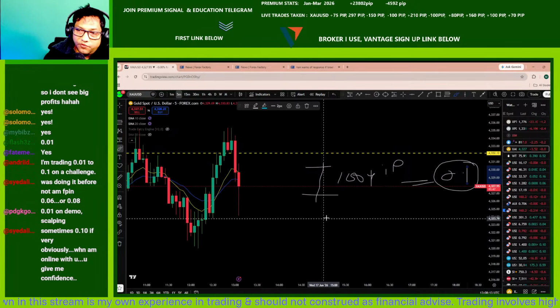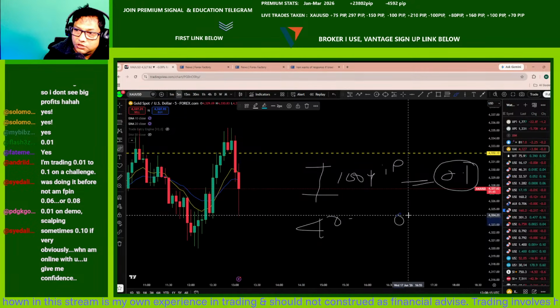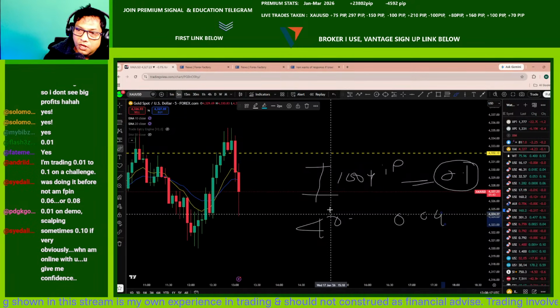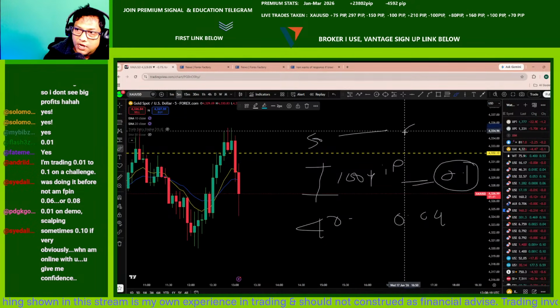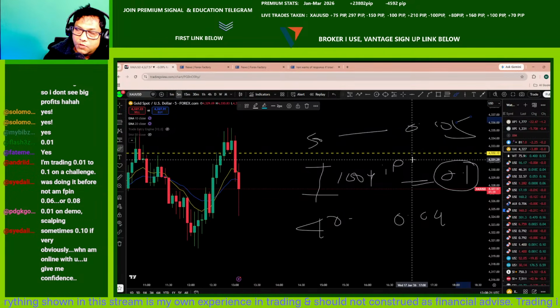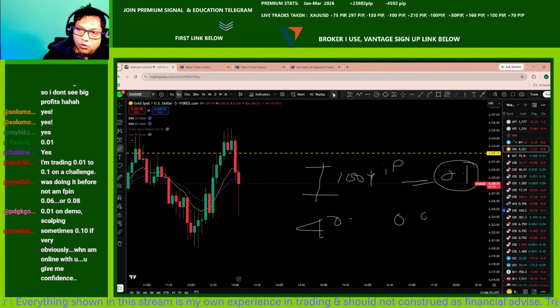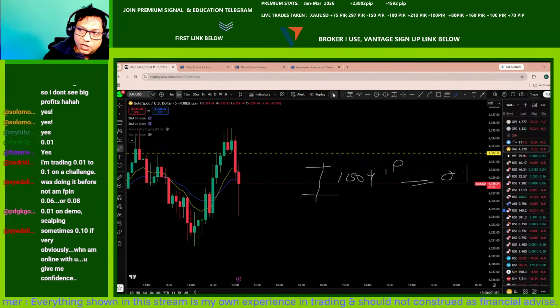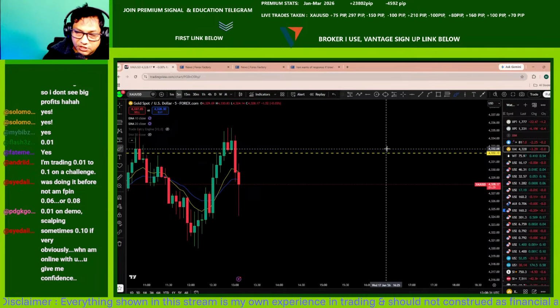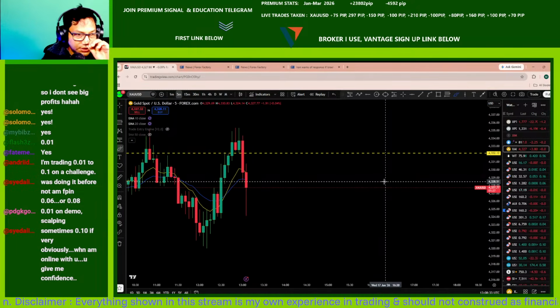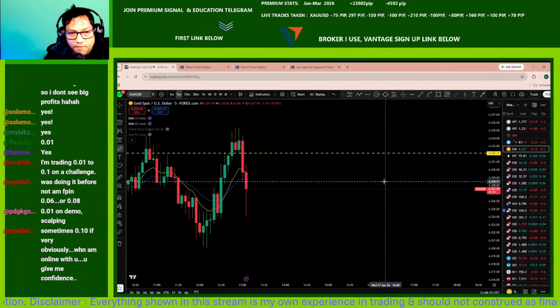If I see a 40 pip stop loss, I just go for 0.04 lot. If I see a 50 pip stop loss, then I go for 0.05 lot. That way you can have a quick understanding of your lot size. You can just roughly go, and that will not give a big difference in your lots. I think that's the best way to do that.